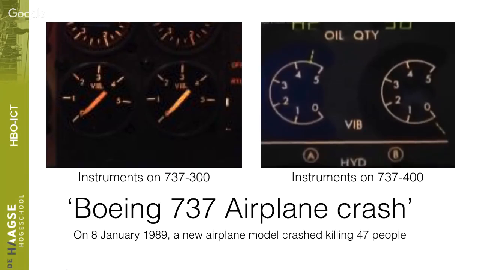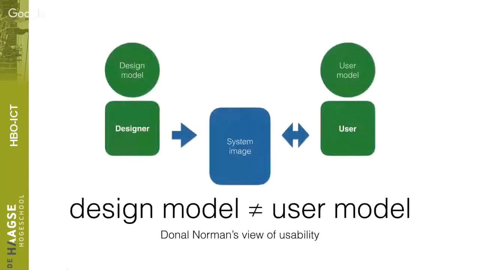Okay, so what are we trying to do here? Donald Norman explains it this way. Donald Norman is the guy with the teapot from the other side. He explains the way design works is that we have this designer over here, so that's you guys, and then we have the user.